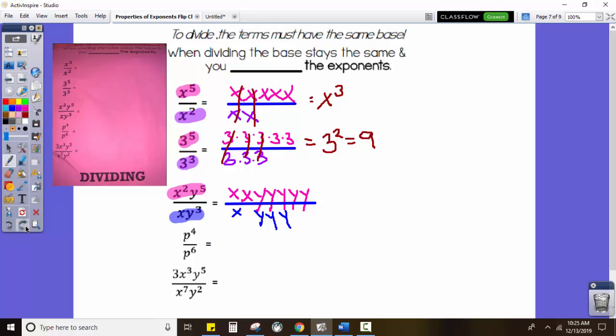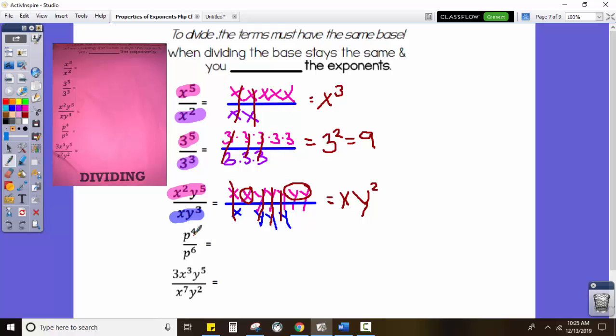Now let's take a look at what we can cancel because it equals 1. So x divided by x equals 1. And then my y's, I have 1, 2, 3 of them. Okay, now it gets kind of messy. You've got to look at what you have left over here. We have an x, so that's x to the 1st power. And we have two y's, so that's y to the 2nd power.